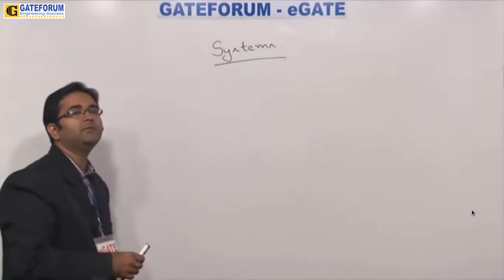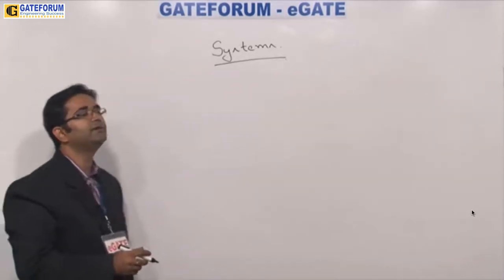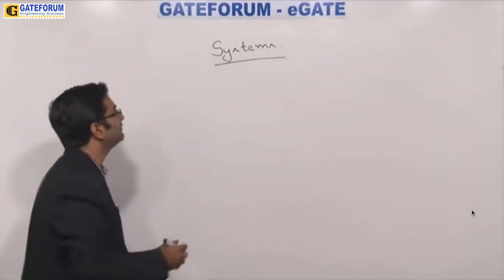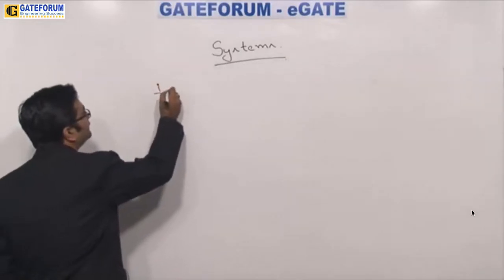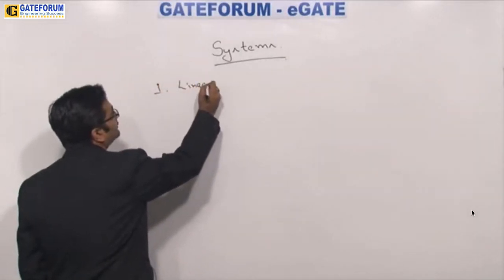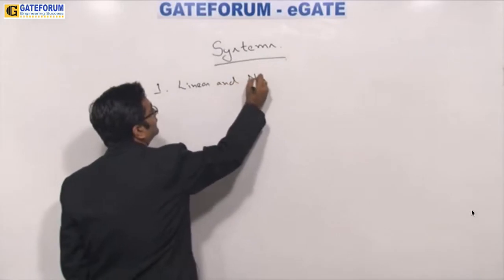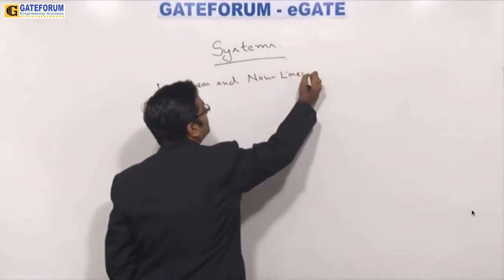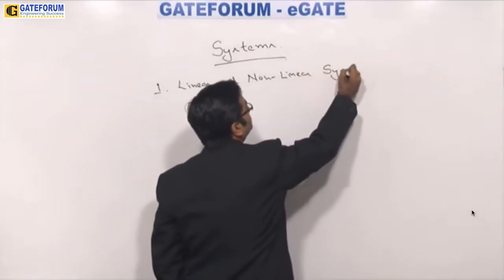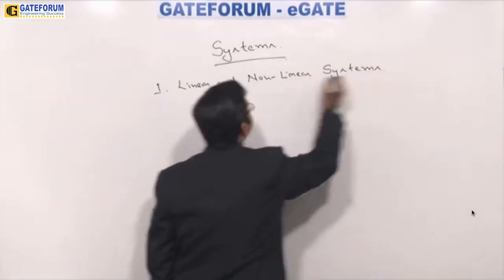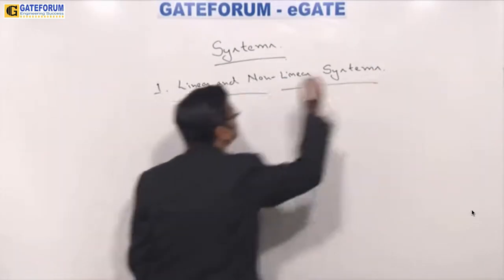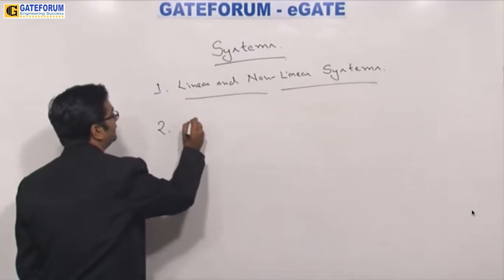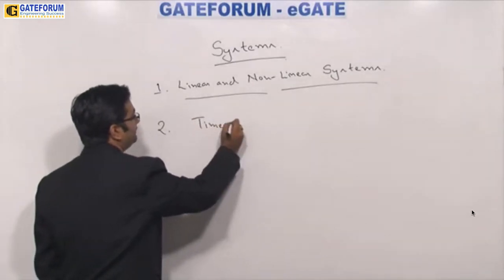But whether it's continuous time or discrete time, systems have different types, and a few of those types are: first, linear and non-linear systems. Second, time variant and time invariant.